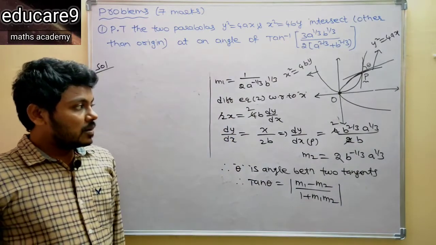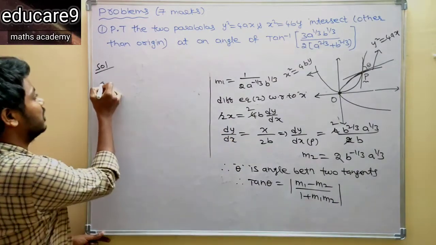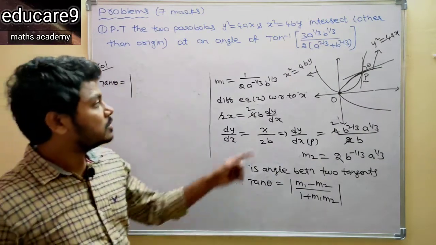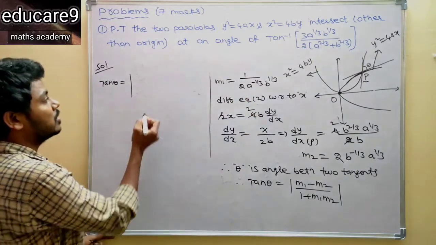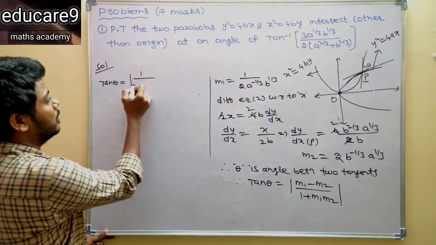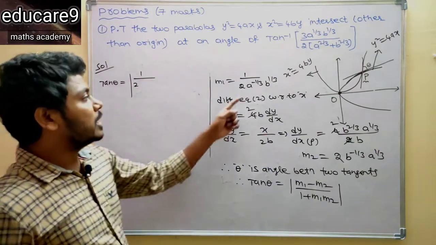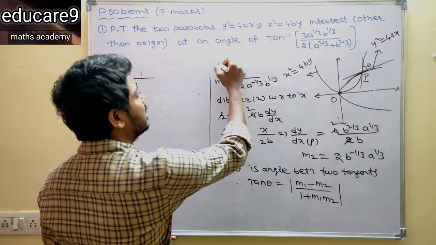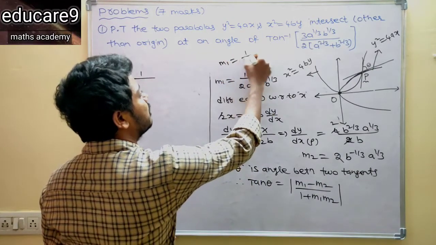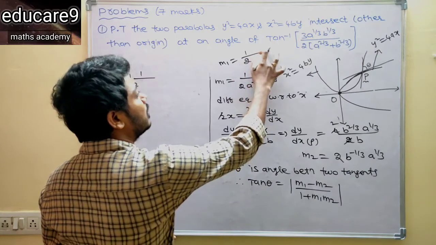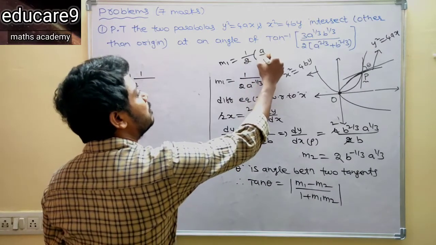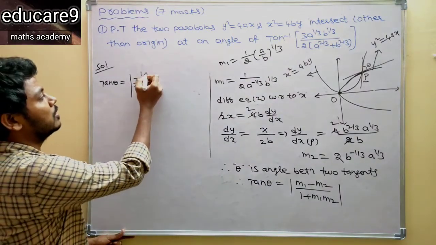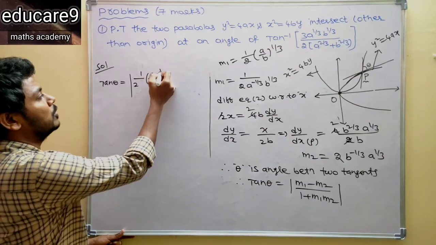See here, tan theta is equal to m1, this slope, that is 1 by 2 into a power minus 1 by 3 into b power 1 by 3. This can also be written as m1 equals 1 by 2 into a by b whole to the power of 1 by 3.